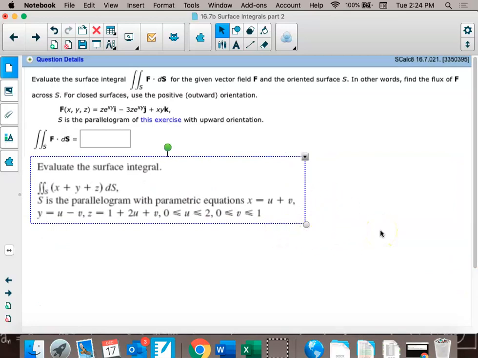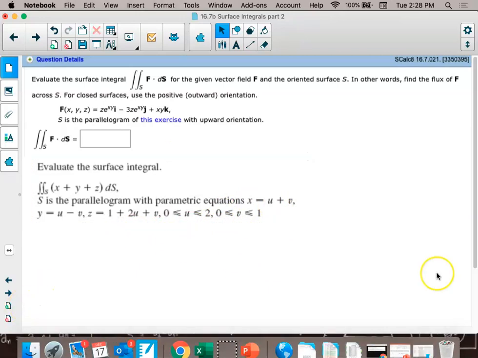Oh, okay. So they're given the parallelogram parametrically. So you could still... I don't know if we want to convert or not.